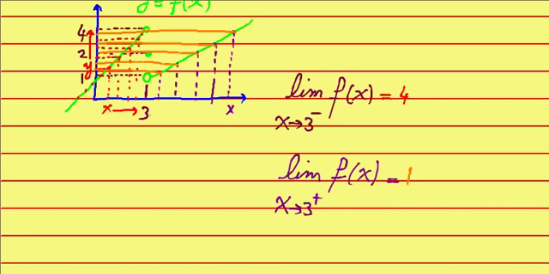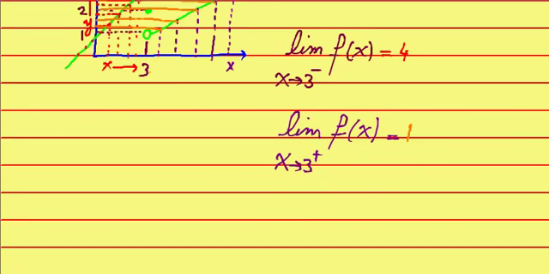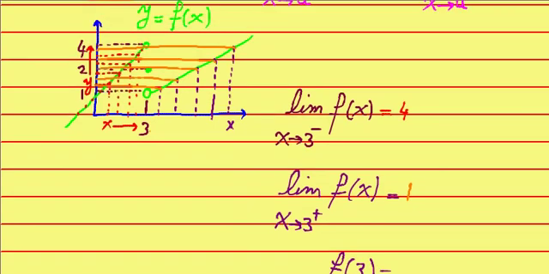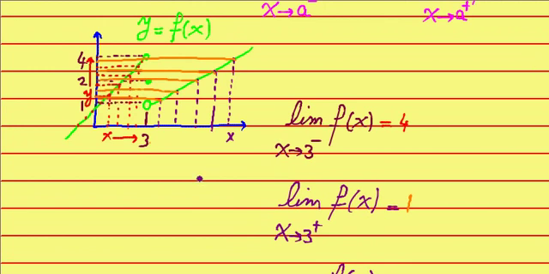Now, out of curiosity, if I had asked you what is f of 3 itself, the notation in this, if you remember before we crowded this picture with lots of lines, these empty circles by notation mean they are not part of the picture.